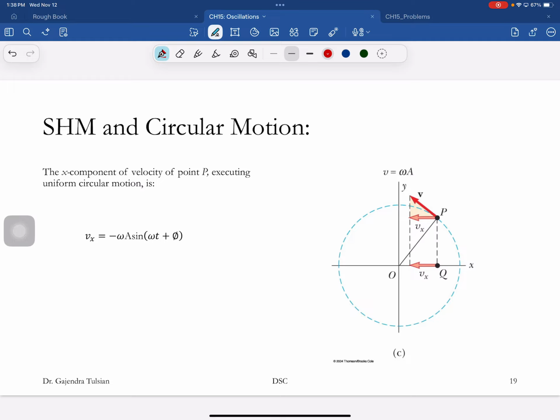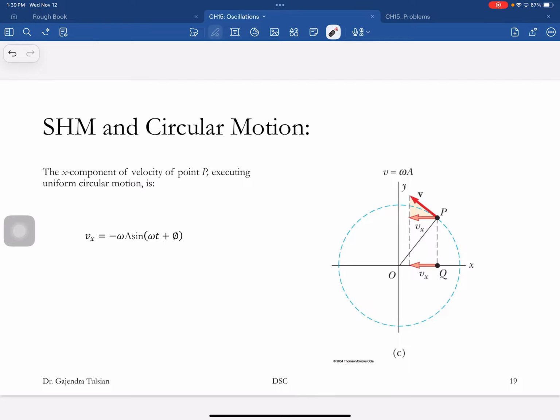All right, so these next two slides show that to you, and I'm not going to go into the details. So here's uniform circular motion, an object going in a circle at constant speed, and it's at this angle theta is equal to this angle theta. The x component of this velocity is that.